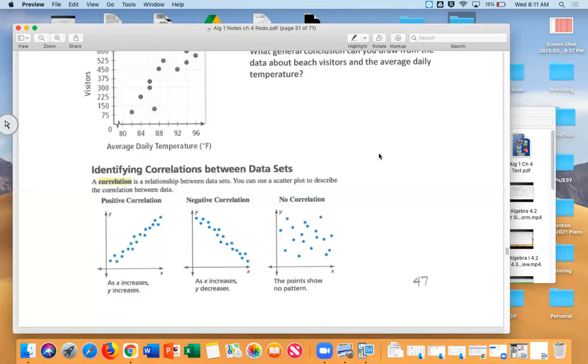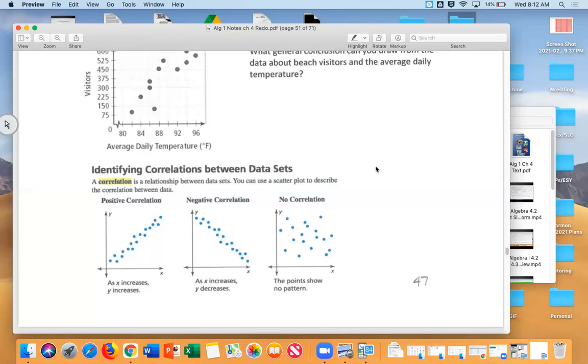Now, sometimes there is no correlation. No correlation looks like this last one. What would that be? The length of your hair and your grade in my class. Has no bearing on each other, right? Doesn't matter how long your hair is. Your grade could be whatever it is. Does that make sense to you guys? So those are the three types of correlation.